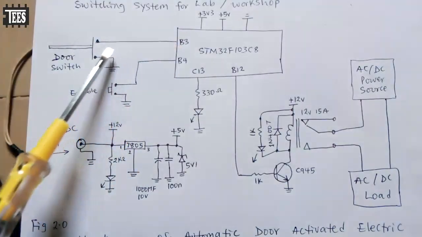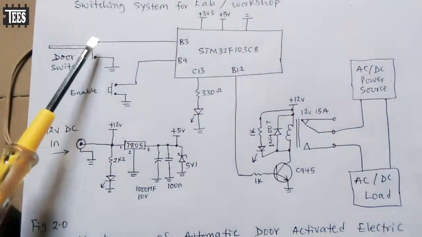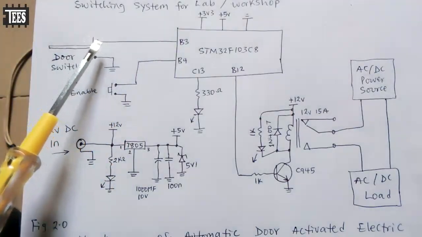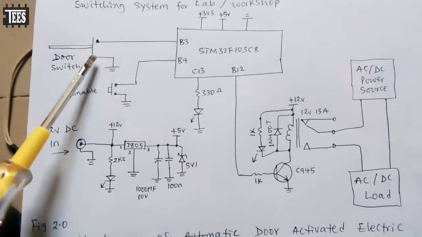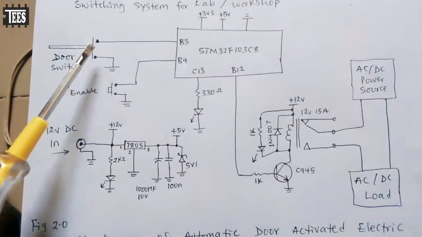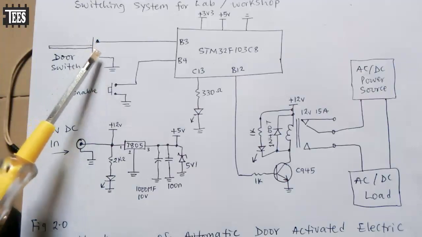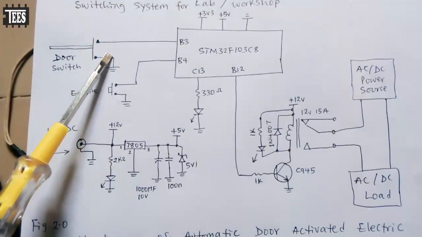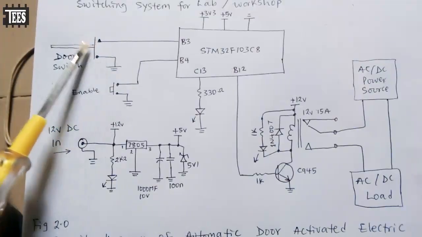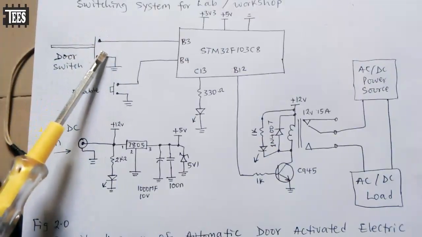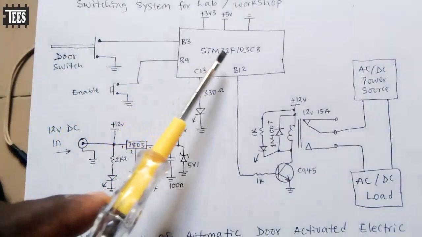The microcontroller is going to read logic 0, indicating that the door is closed. Now if you have multiple doors, you connect all the switches in series, so that only when all the doors are closed are you going to sense 0. But if you just have one door, you just connect it this way. You understand?